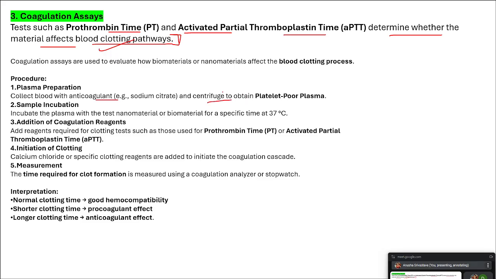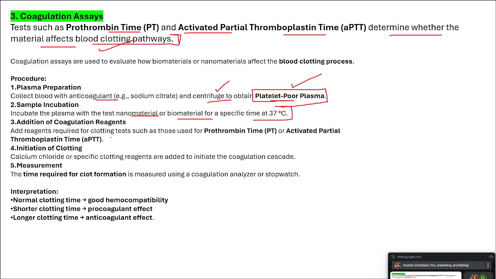You centrifuge it at an optimum speed in order to obtain platelet poor plasma. Remember this: for coagulation assays, you need platelet poor plasma, because if platelets are already present, it will lead to coagulation.